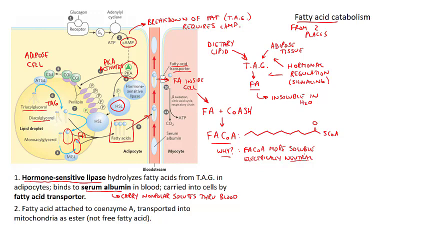All right, so what we now have is fatty acyl-CoA inside our cells, and where those fatty acyl-CoAs are going to go is into the mitochondria, and specifically into the matrix of the mitochondrion. It does this through a complicated couple of steps of reactions. We're not going to talk about how it works, but fatty acyl-CoA goes into the matrix of the mitochondrion, and that's where it is actually broken down into acetyl-CoA.